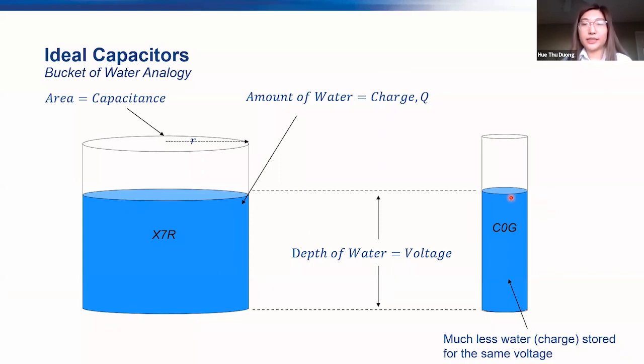That means that it has higher capacitance capabilities at the rated voltage. And when we look at capacitors, higher capacitance means that a capacitor can hold more charge at the same voltage compared to a capacitor with lower capacitance. Now, this analogy is not just for ceramic capacitors, but encompasses all capacitors.